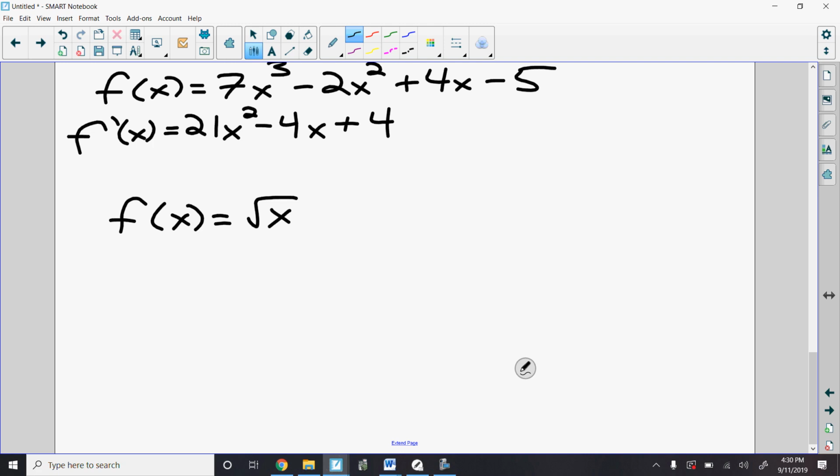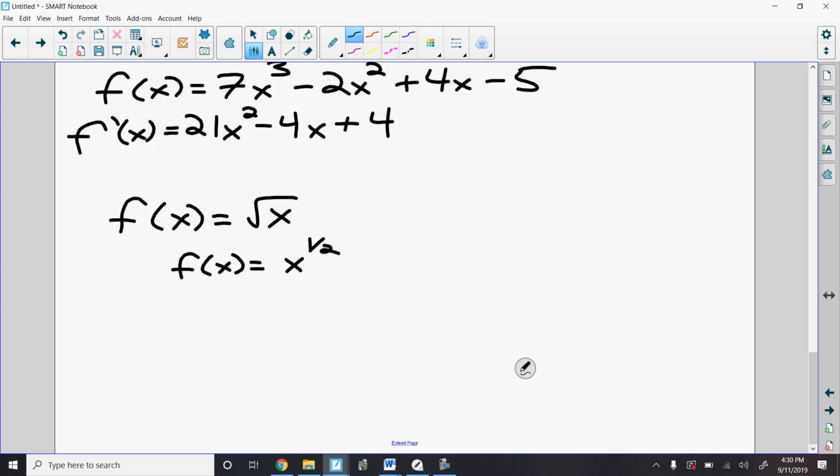The square root means what power? Well, you should hopefully know from Algebra 2 and Pre-Calc that a square root is really to the half power. So I'm going to rewrite f of x. Before I calculate my derivative, I need to be in ax to the n form. So those are equivalent statements.